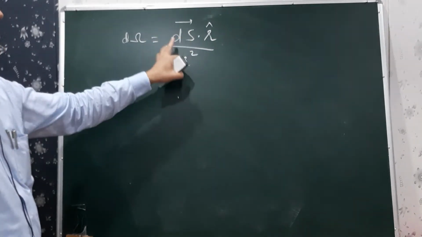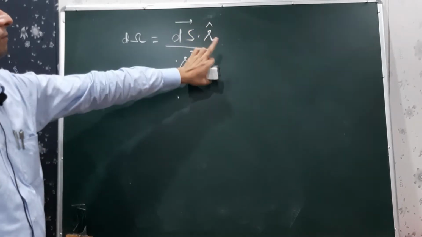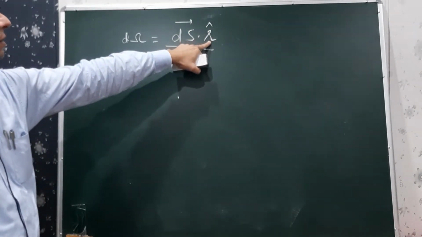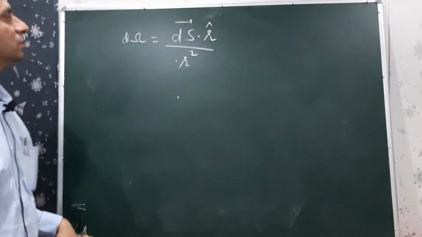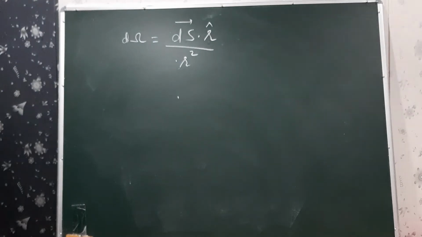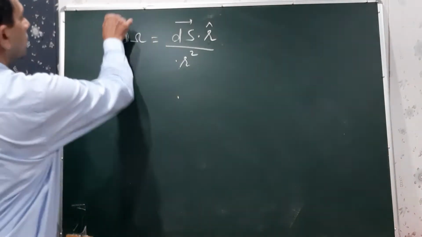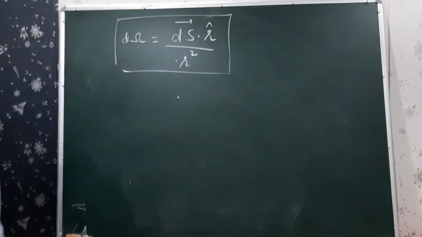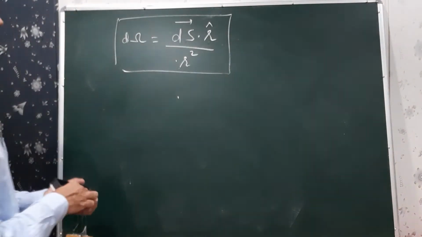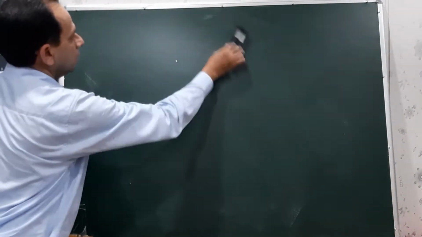So, we may write ds dot r cap. This r cap is a unit vector and its magnitude is 1. So, 1 into ds remains ds. It is only used for direction or for compensating the vector. So, in vector form, we can write it as ds dot r upon r square. So, this is solid angle.